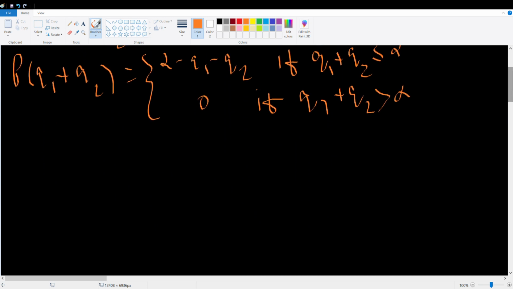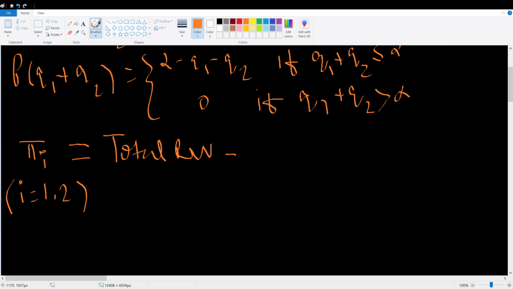So having discussed that, note that if pi_i is the profit of firm i, where i is equal to 1, 2, because there are two firms in the industry, then pi_i is given by, irrespective of industry, total revenue minus total cost.